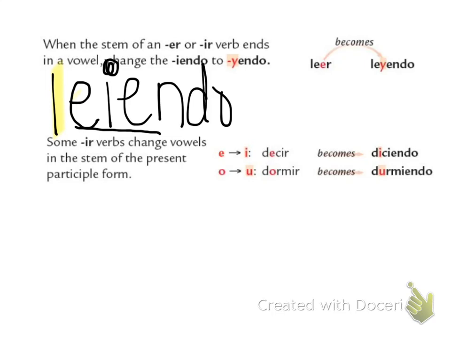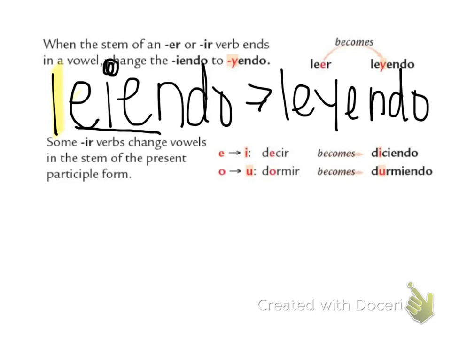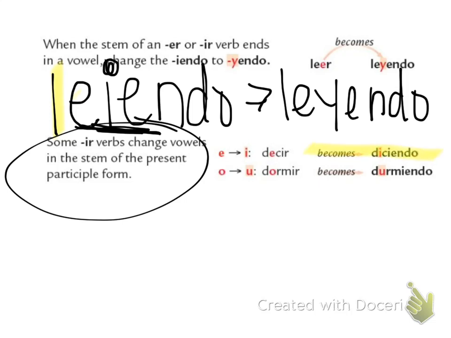And so the I is going to change to a Y, leyendo. And there are several other verbs that will do that whenever this happens. What about some stem changing verbs like decir? It's going to go to diciendo. And dormir is not going to have a full stem change. It's just durmiendo. They're E to I or O to U.